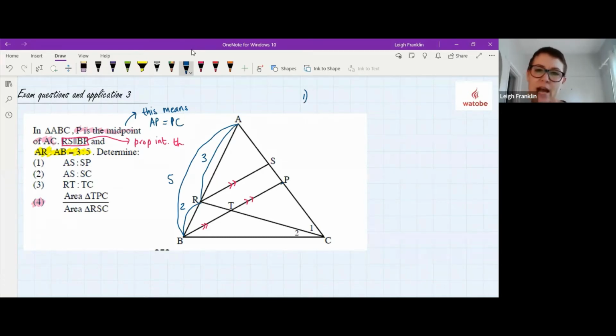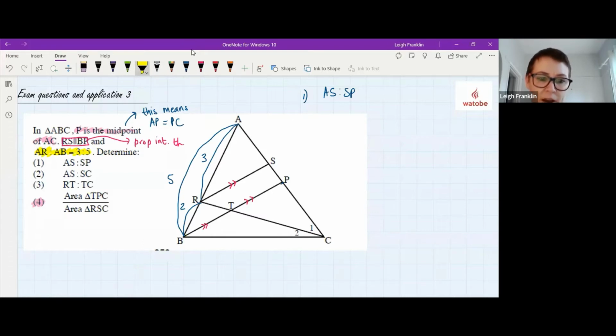Anybody got an idea of what we would do here? What is AS is to SP? Which triangle are they asking us to work in? Triangle ABP. Triangle ABP, absolutely.